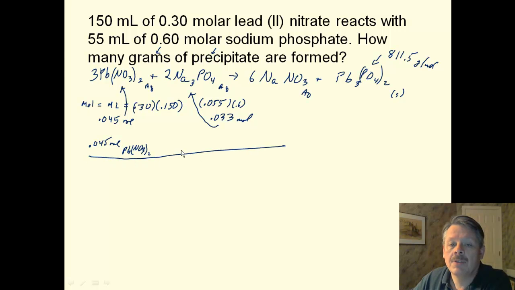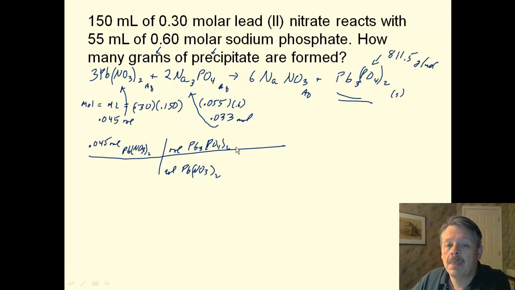And I have to get rid of moles of lead nitrate, moles of Pb(NO3)2, and go to moles of my target. My target is over here, so that's my lead phosphate. Am I done?